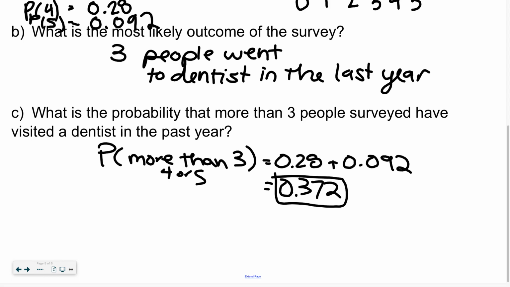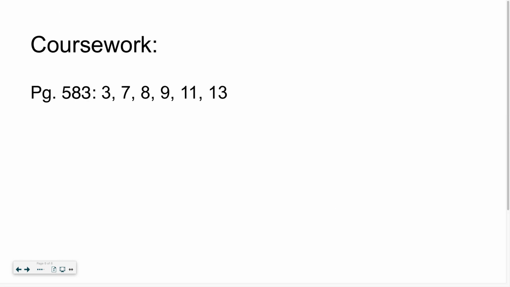Alright, your homework assignment is only maybe 4 or 5 problems, I think, in the textbook. Tomorrow is going to be an opportunity for us to work on binomial distributions again. So just get comfortable with the formula.